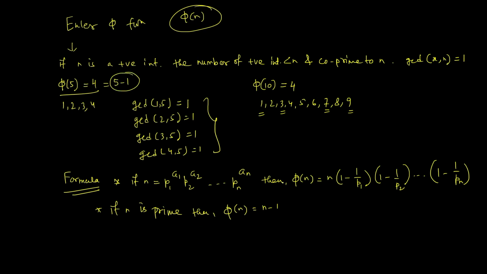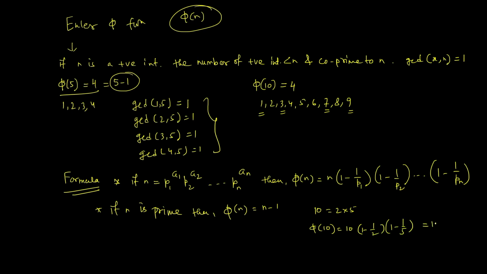And for phi of 10, 10 itself is a composite number, so 10 can be written as 2 into 5, with 2 being p1 power 1 and 5 being p2 power 1. So phi of 10, as per this formula, is 10 times (1 minus 1 by 2) times (1 minus 1 by 5).